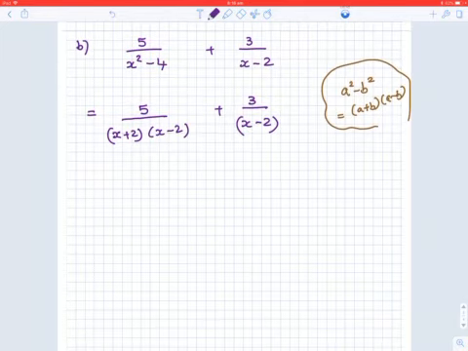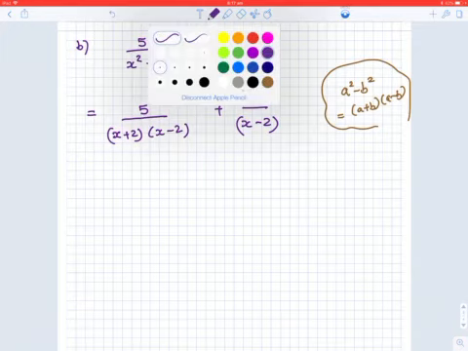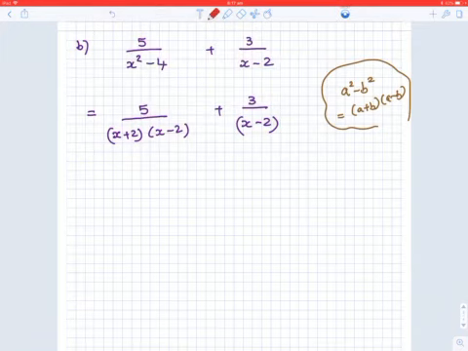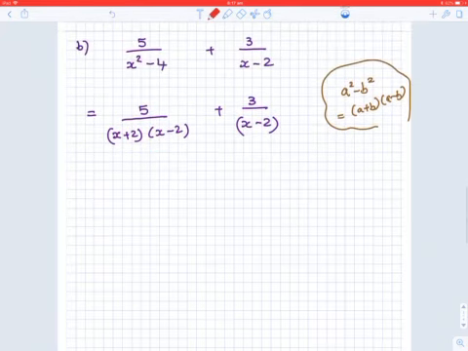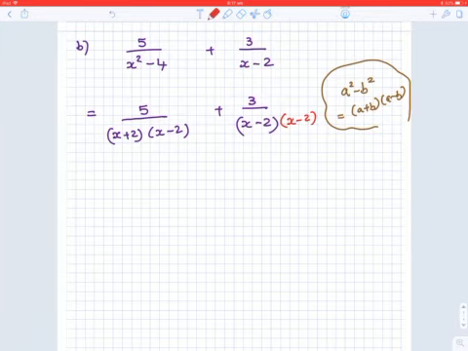Now I have rewritten the question, the next step is to make sure the denominators are the same. For the first fraction I'm not going to multiply, because I have (x plus 2)(x minus 2), whereas here I have x minus 2. The second fraction I'm going to multiply by x plus 2.